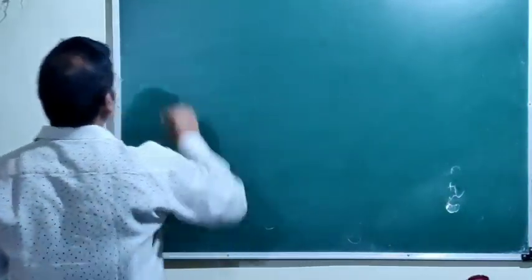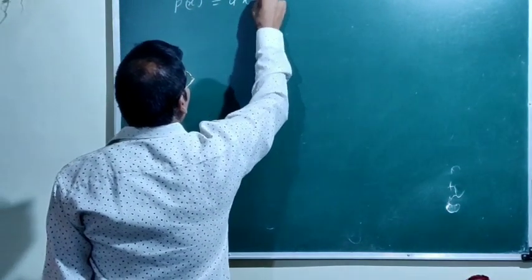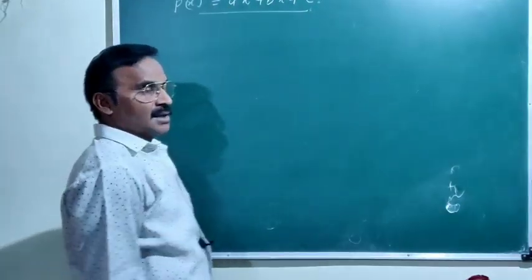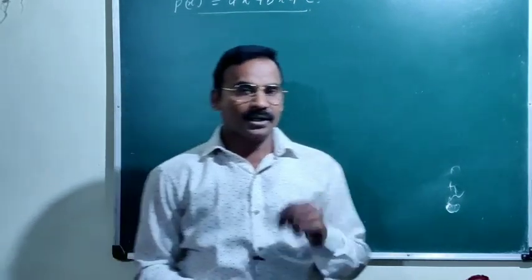Now, in a quadratic polynomial ax square plus bx plus c, because of the degree 2, there are 2 zeros.